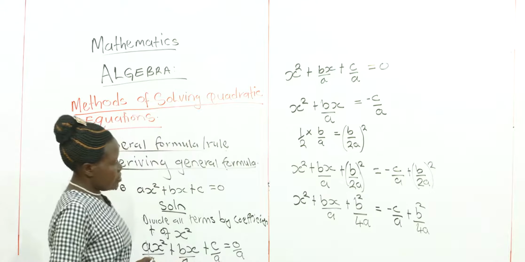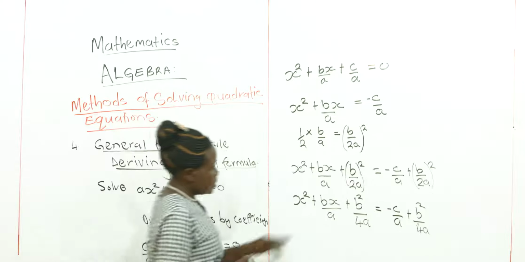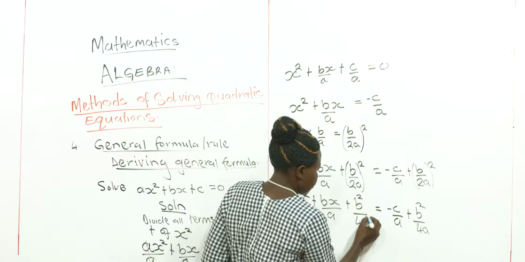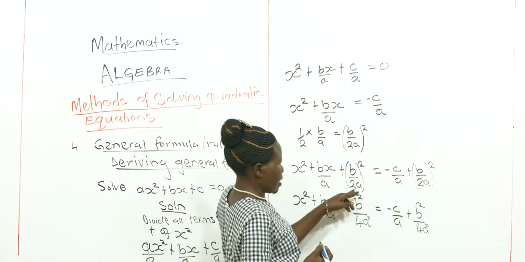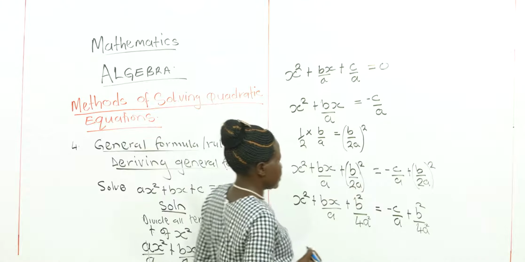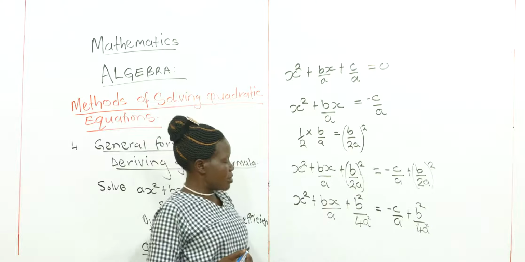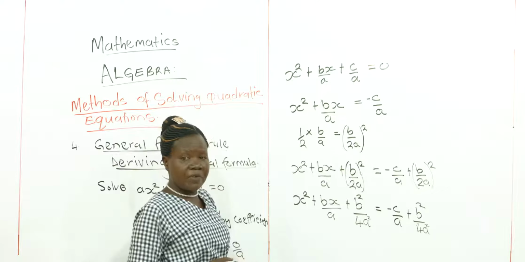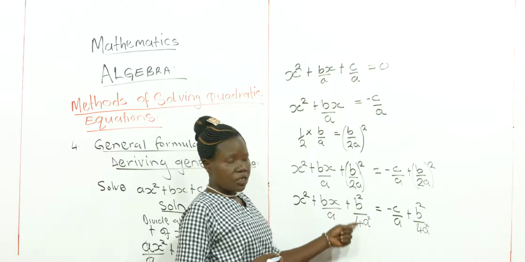So now, dear learners, at that level, here is 4a squared. Here is also 4a squared, because we have to square all that is inside the bracket. From this level, we are going to factorize. So we get the common factors.